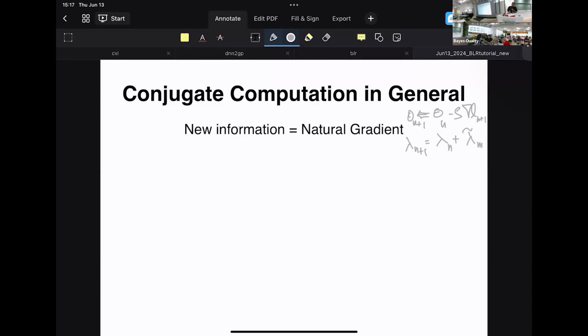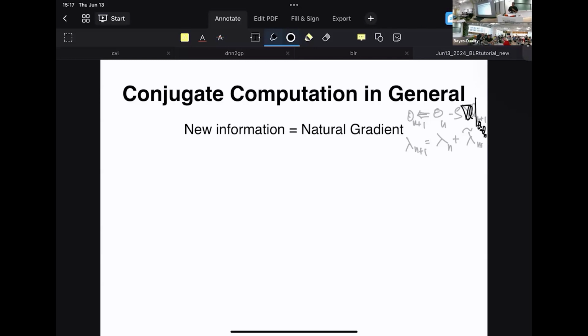Then I want to show that somehow this lambda tilde n is also a gradient. Let me write the gradient a little more clearly. The gradient is written as gradient of L, but at theta equals theta n, right?